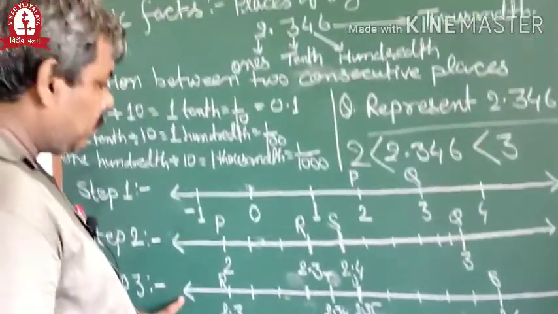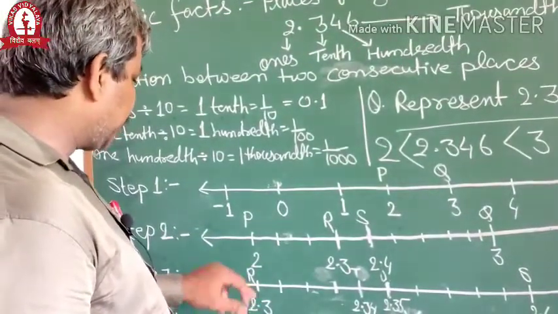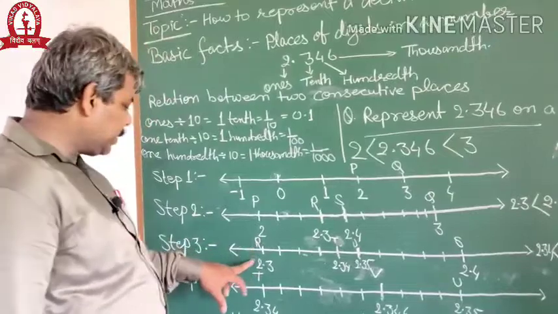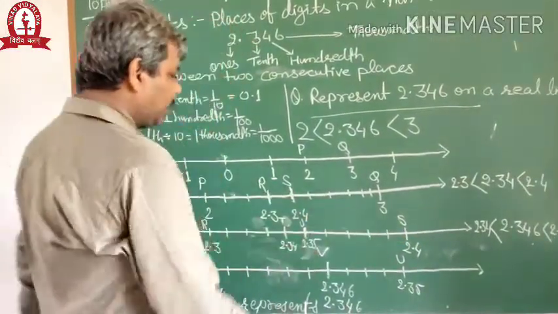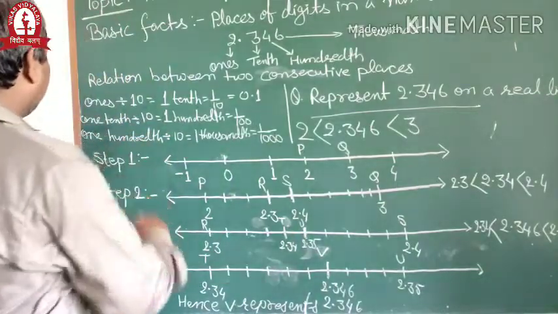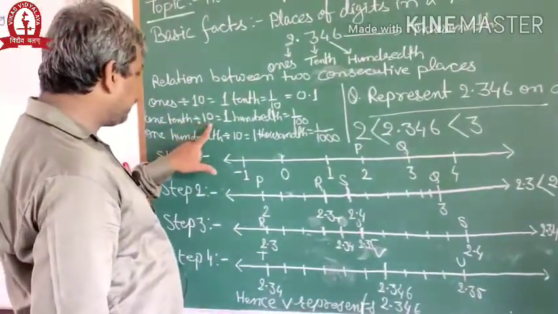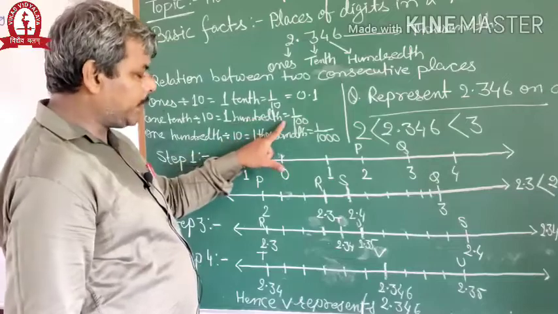the numbers R at this point and S at this point. And we know that 1/10 divided by 10 equals to 100th.